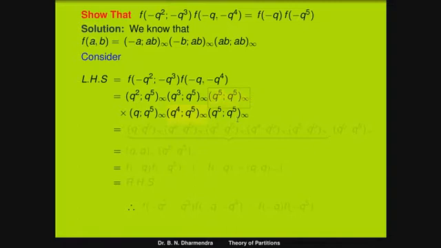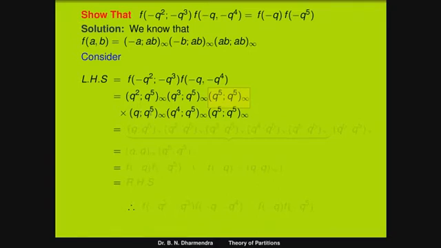And also a very interesting result in terms of the theta function. Suppose the result is (q^2; q^2)∞. If the value of the power is the same in the second term, that is q^2, the first term is (q^2; q^2)∞, that is nothing but (q; q)∞. Suppose the value of this one is (q^3; q^3)∞, the first two terms are (q^3; q^3)∞.